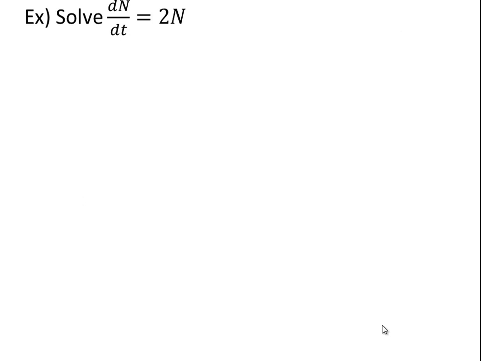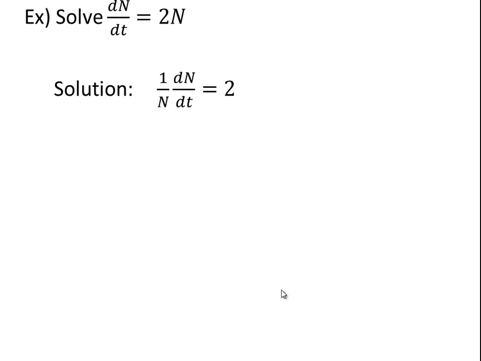Now sometimes they get more complicated. For example, if you had something like dn/dt equals 2n, we can't quite integrate with respect to t on both sides because we've got n on the right hand side. So this involves a technique called separation of variables. I don't expect that you've seen this if you've only had a Calculus 1 class, so I'm just going to give you an overview to show you that there are techniques for solving these equations.